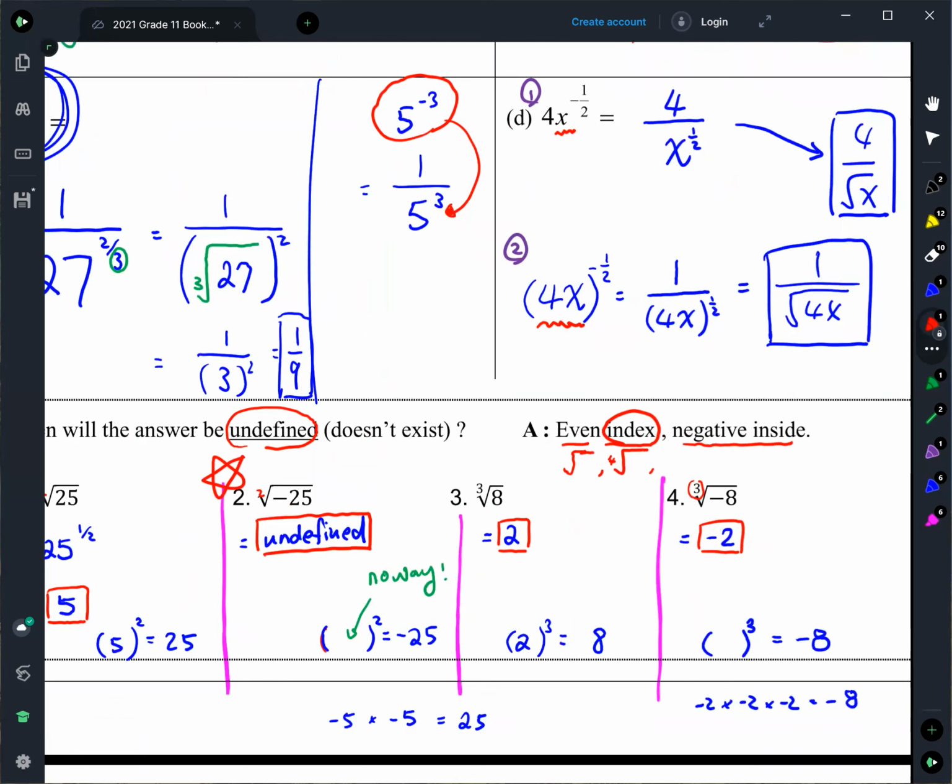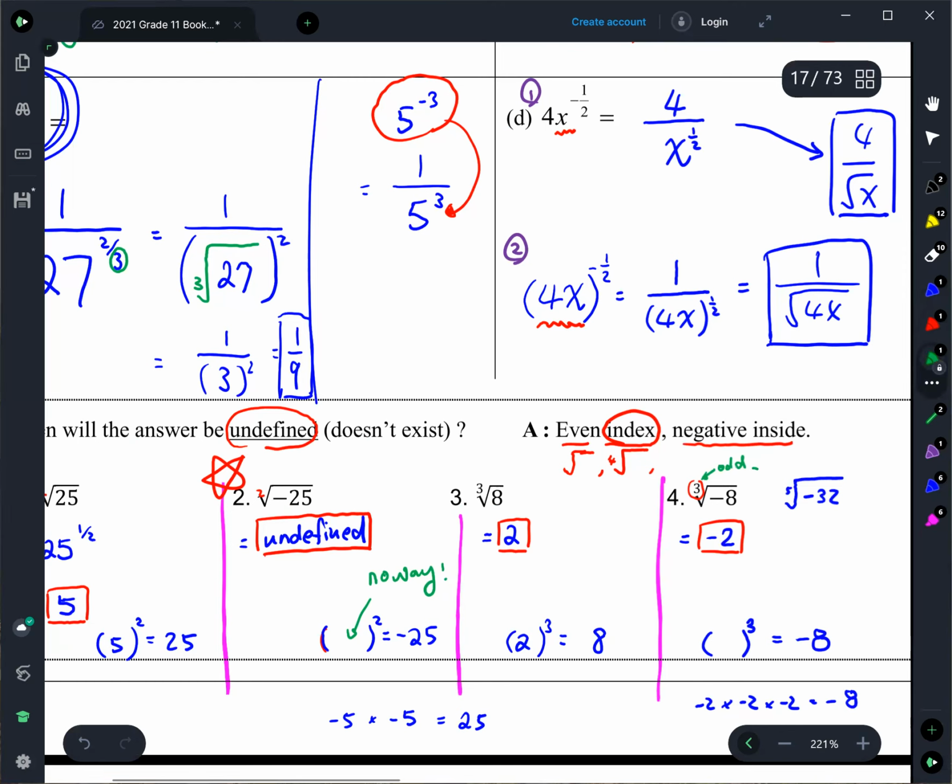But if it's odd, so for example, number 4, this one is odd, then it's okay to have a negative, okay? So another example will be like -32 and then fifth root. This is also odd, right?